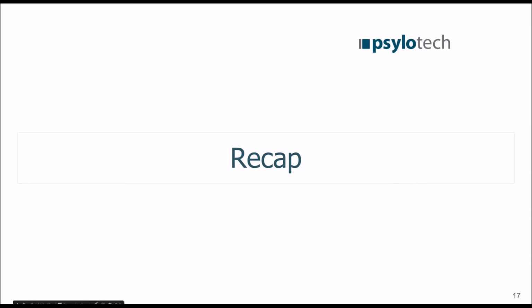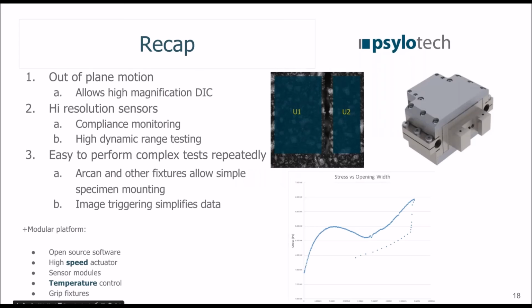So just a quick recap of those experiments. The load frame allowed us to do high magnification DIC. The load cell allowed us to get a high resolution stress reading, and also aided in potential compliance monitoring, although we didn't do it in this case.